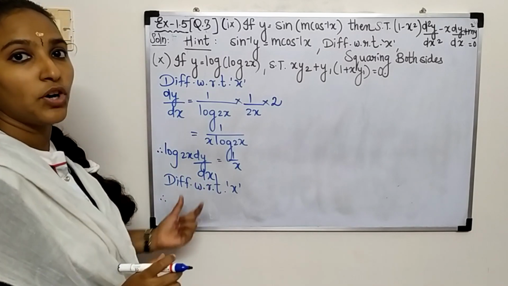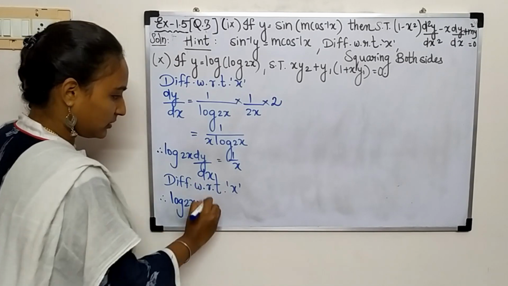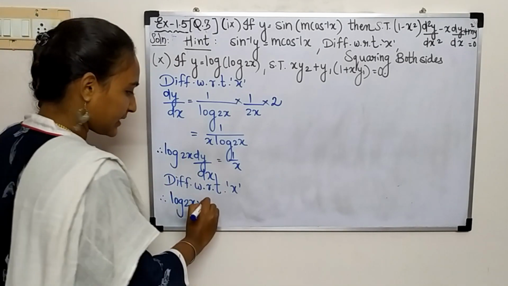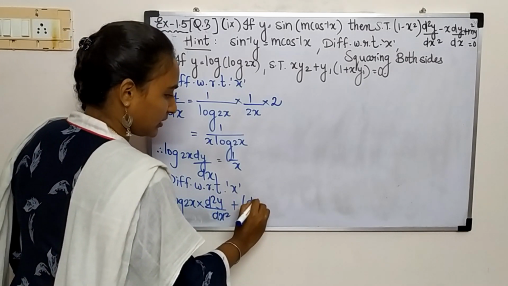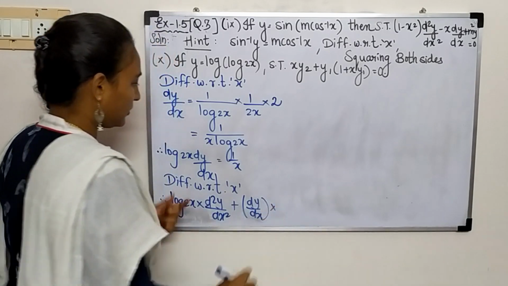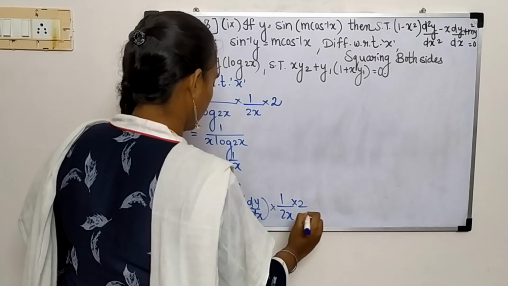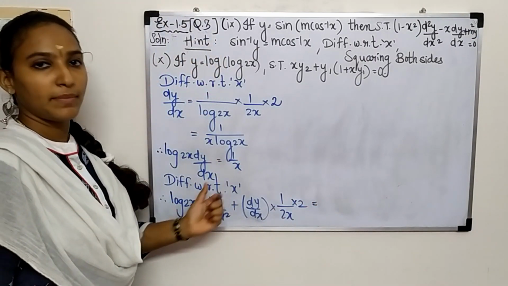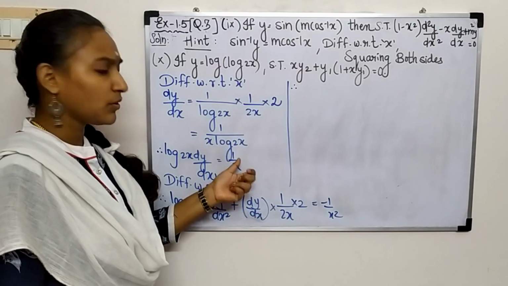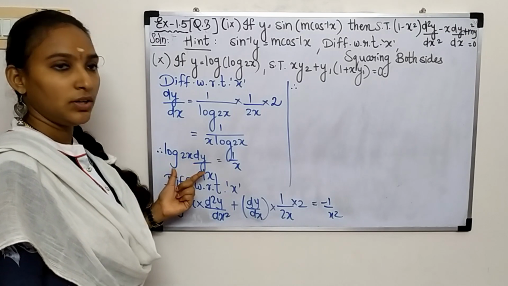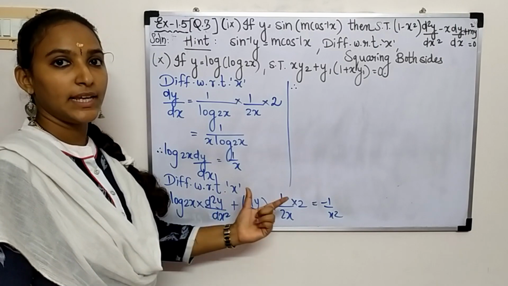Differentiate with respect to x. Therefore this is in the form of a product. Therefore log 2x into derivative of dy by dx is d square y upon dx square plus dy by dx into derivative of log 2x is 1 upon 2x into 2. This is equal to derivative of 1 by x is minus 1 upon x square. See here, in place of 1 by x we are going to substitute log 2x dy by dx, then cancel log 2x dy by dx throughout.